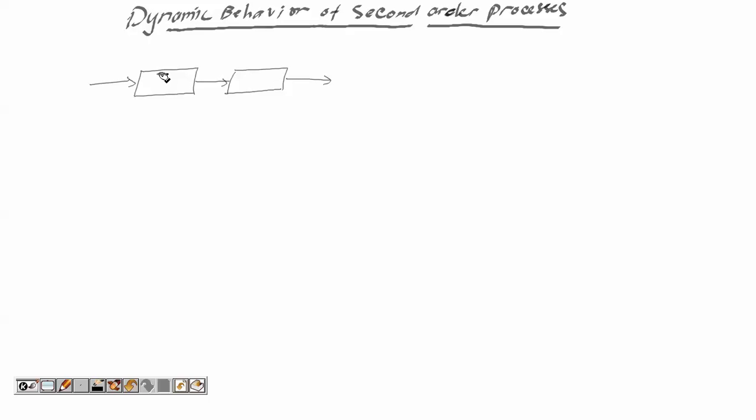If we connect two first order systems, K1 over tau1 s plus 1 and K2 over tau2 s plus 1, we will get a second order system. We can rewrite it as K1 K2 over tau1 s plus 1 times tau2 s plus 1.